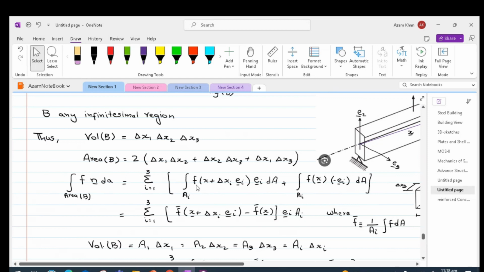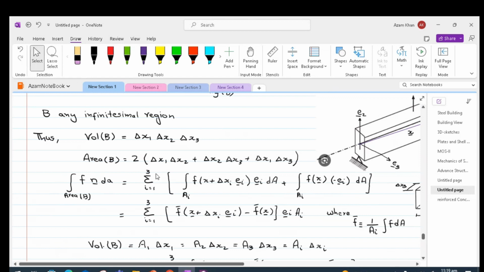So this is the value of the function when we take a single step in the ei direction. Ei can be the ith direction, it can be E1, E2, E3. So the value of the function corresponding to the step which we have taken, and that is multiplied by the normal, which is ei, and the area dA.